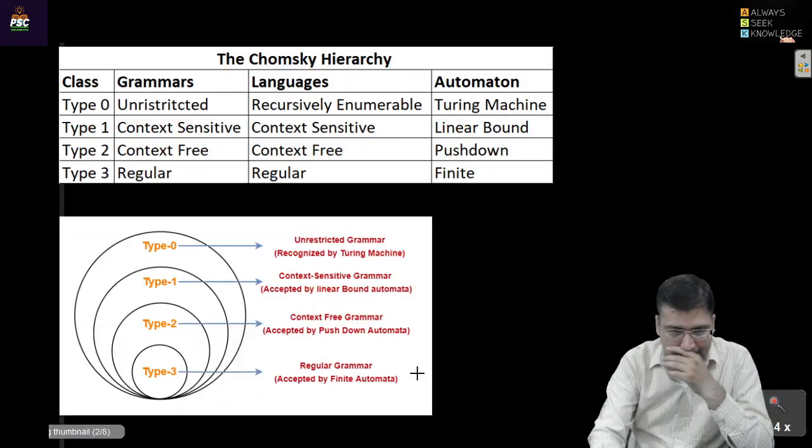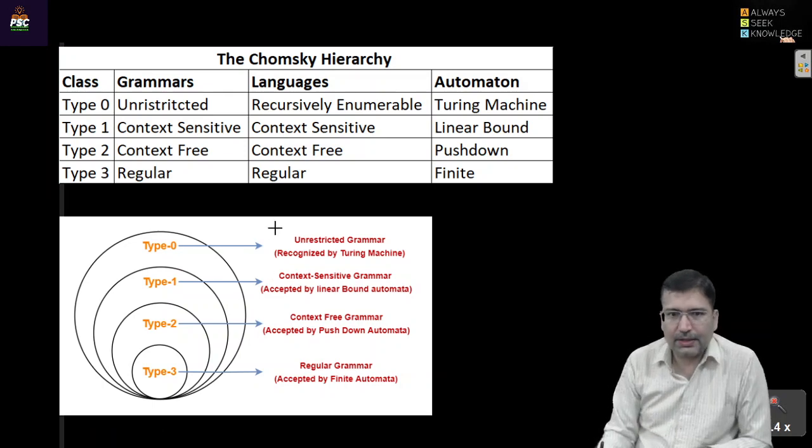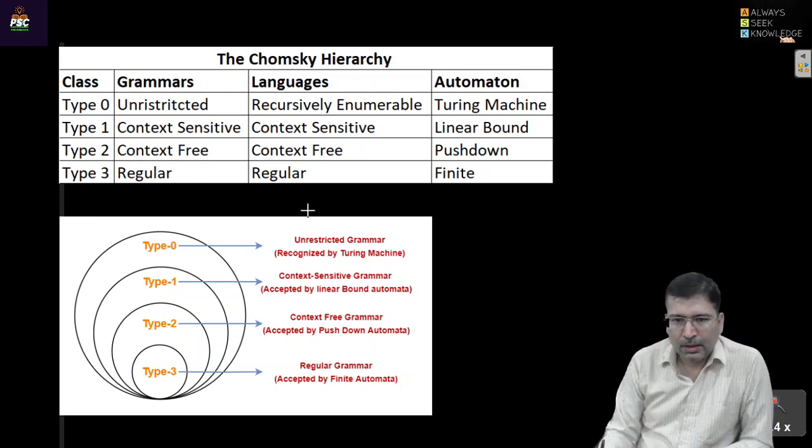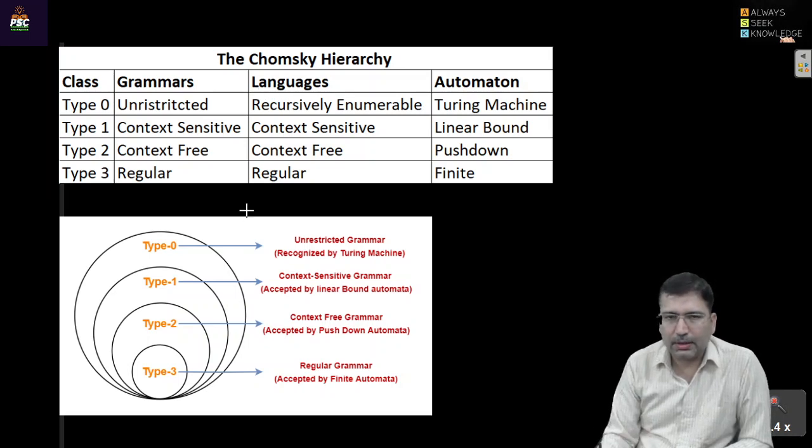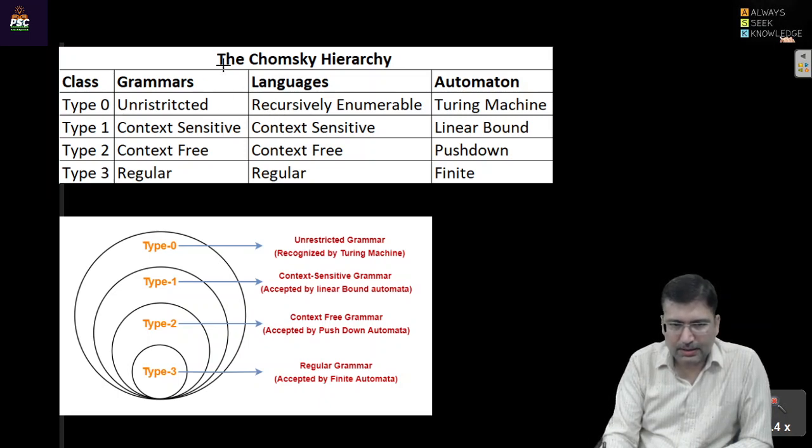Now, Chomsky has given a different classification that we consider as the Chomsky hierarchy or Chomsky classification. Chomsky has given 4 types of formal languages according to their generative power: type 0, then type 1, type 2, and type 3.